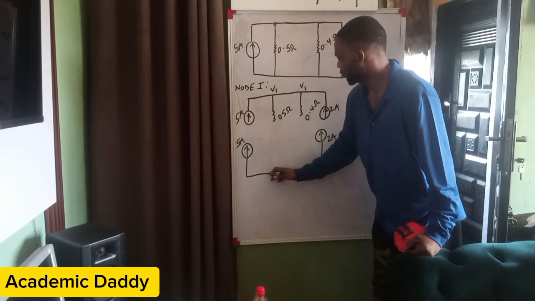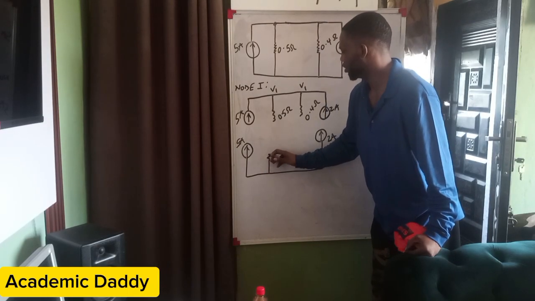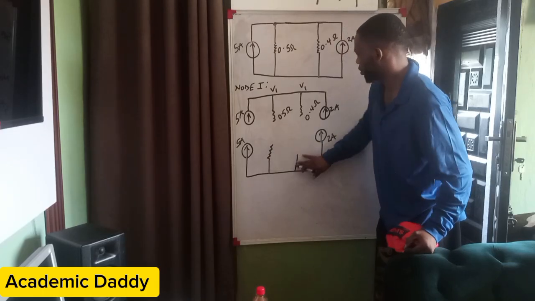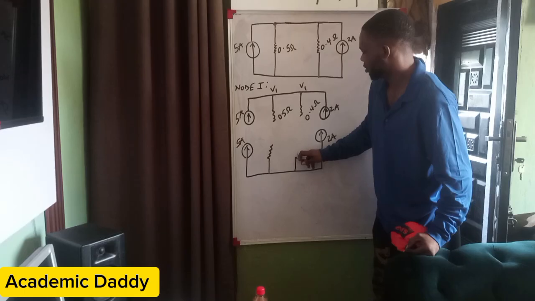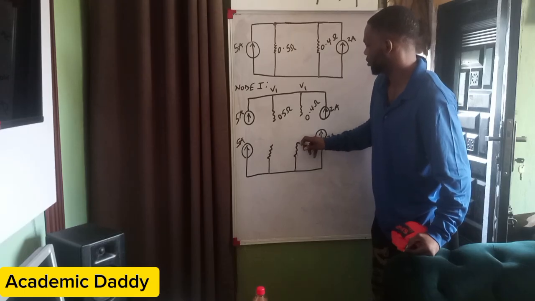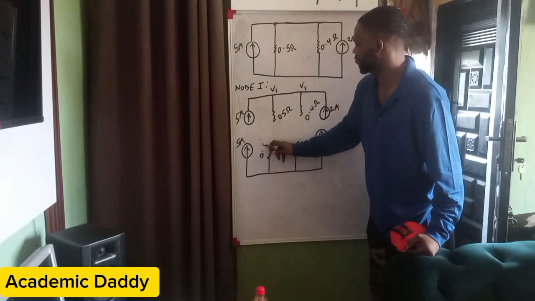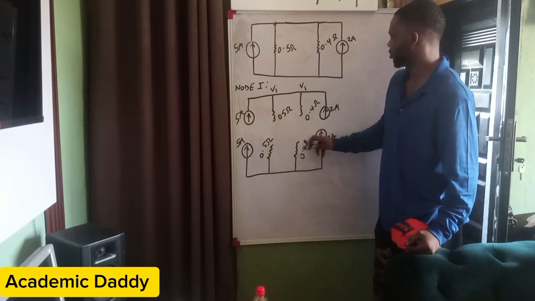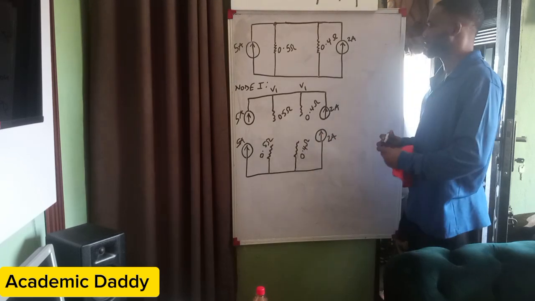So you see that you still meet the same resistor. This is 0.5 ohms and this is 0.4 ohms.